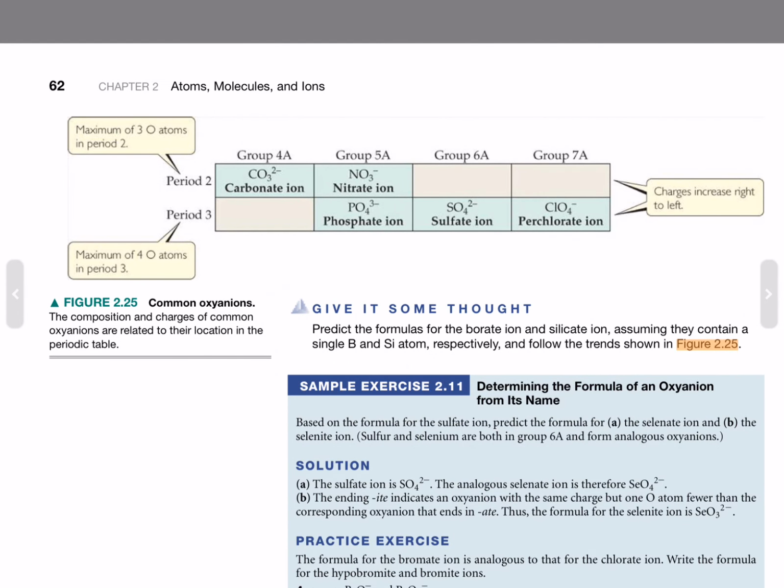Figure 2.25, common oxyanions. The composition and charges of common oxyanions are related to their location in the periodic table. Group 7, perchlorate ion. Group 6, sulfate ion. Group 5, nitrate ion, phosphate ion, carbonate ion.